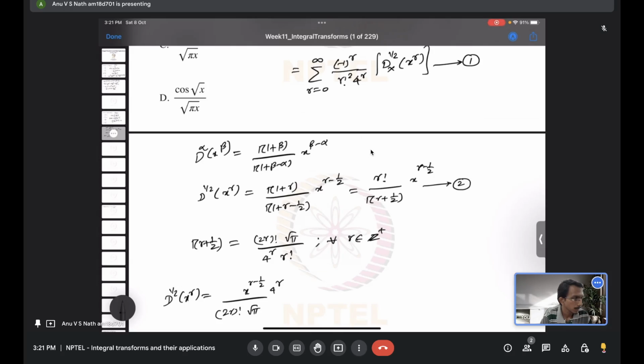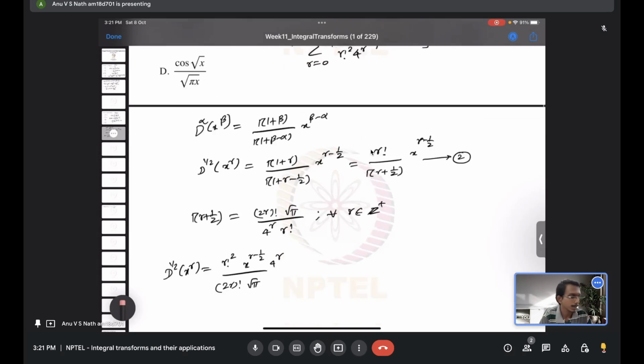Now we substitute this. Okay, this was r factorial squared, sorry. Because we already had an r factorial here, and one r factorial will come from here, they will not cancel. Actually, they will get squared.